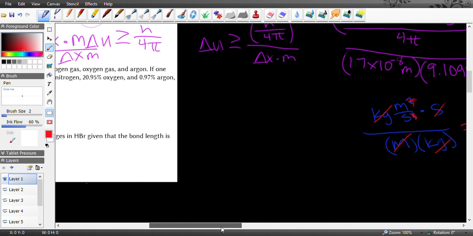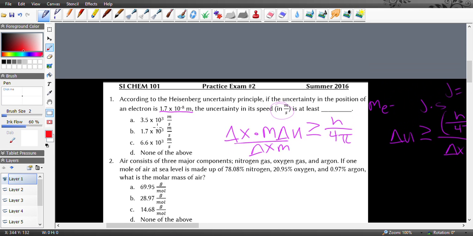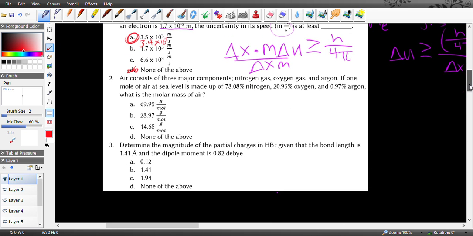So if you go over here, the closest answer is this. You're not going to choose none of the above because you got 3.4 times 10 to the 3 and an answer is 3.5. If you're that close, you definitely just want to choose the one that you're closest to. So number 1 is A.